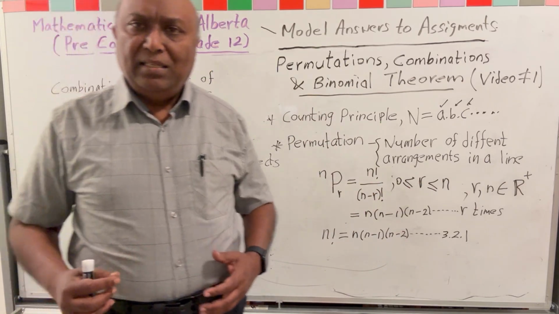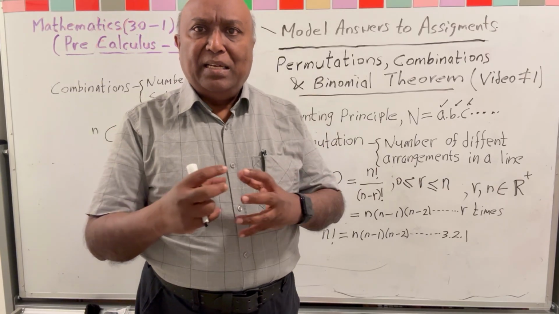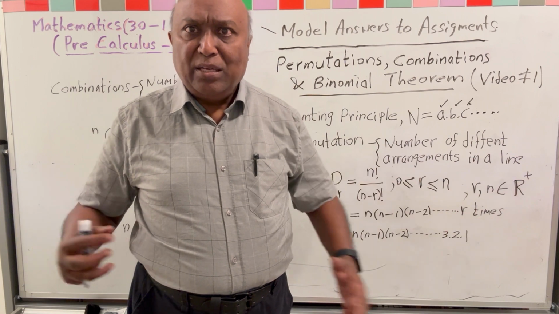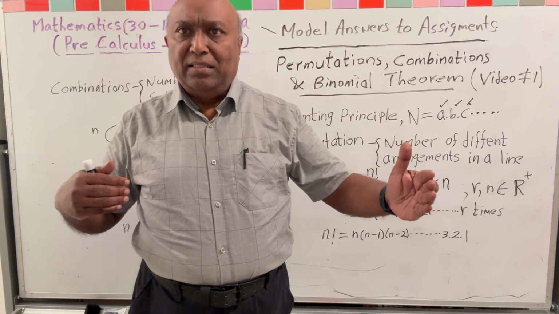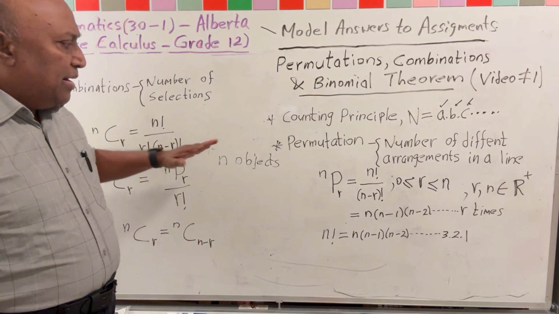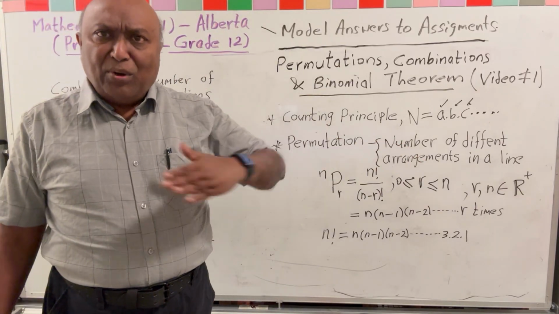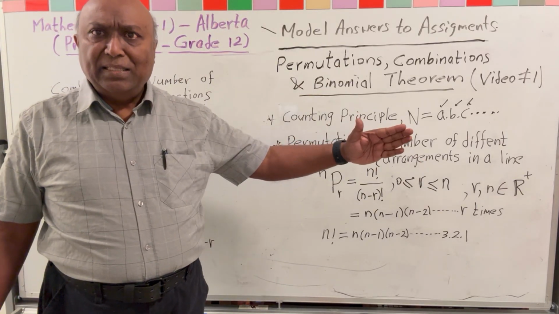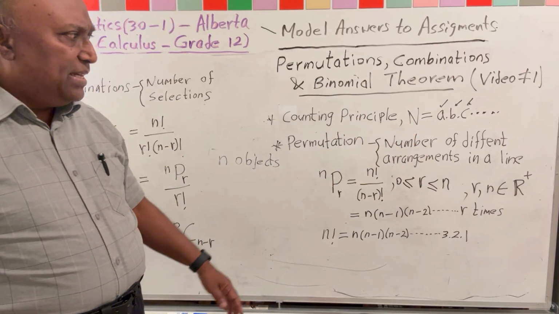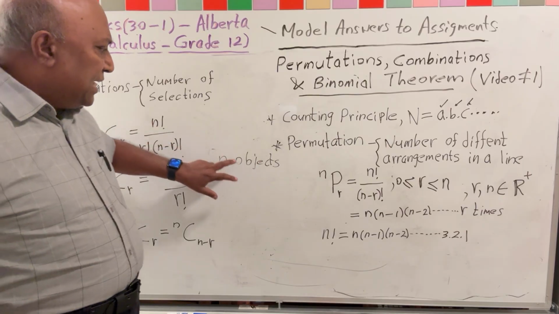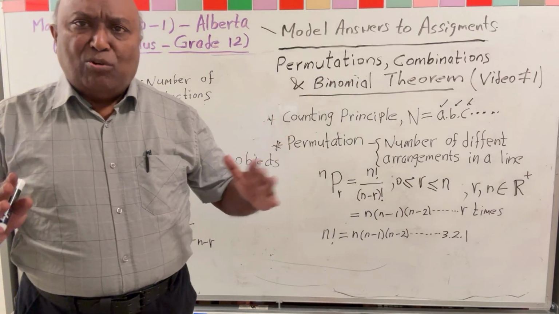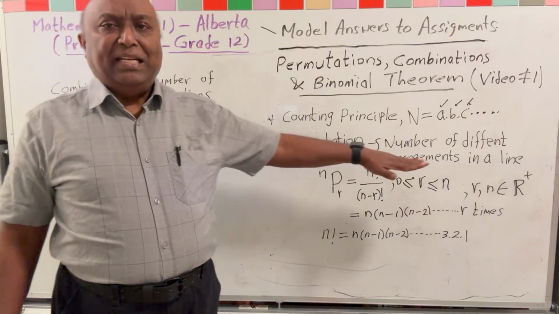For example, say there are 5 different letters A, B, C, D, E. We have to select only 3 letters. Then the number of ways of selecting those letters and placing them in a straight line. That means we have to select 3 letters out of 5 and arrange them in a straight line.